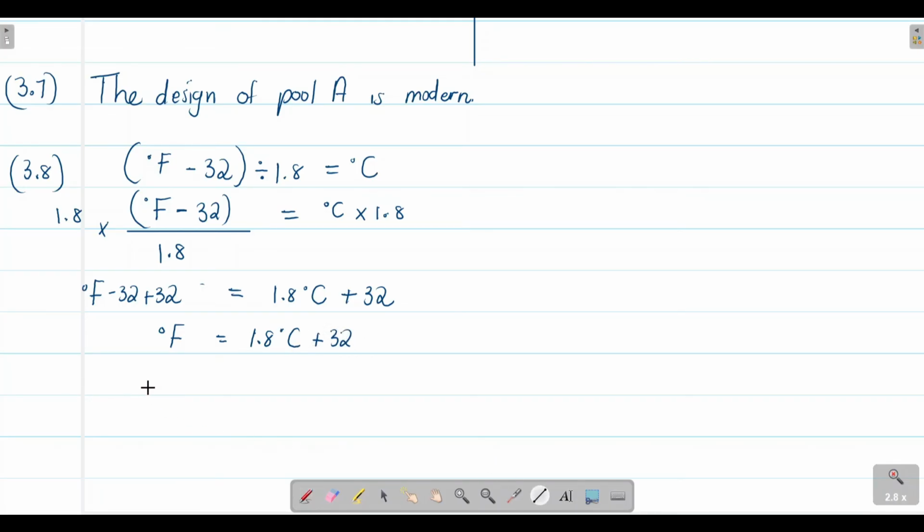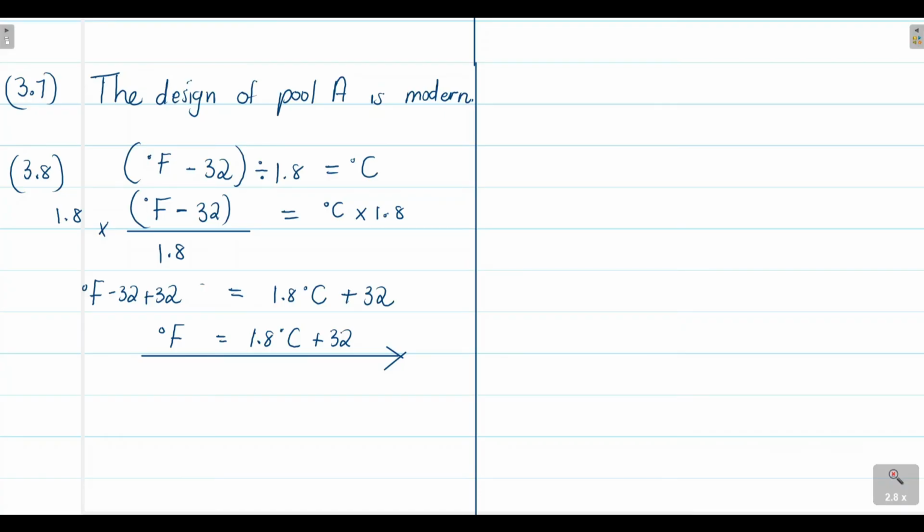So we have our formula in its simplest form, and all we need to do now is change the temperatures of 19 degrees Celsius and 25 degrees Celsius to Fahrenheit by putting them into our equation. I've made our lives very easy. So let's just put that into our formula.